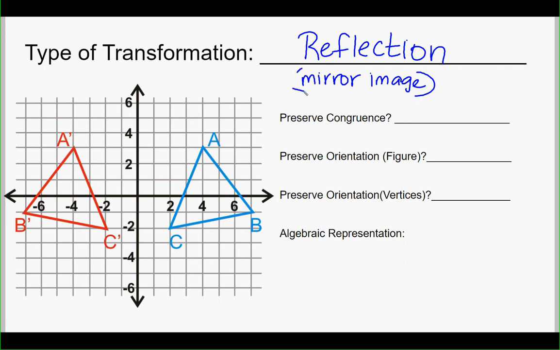Now we have reflected over the x-axis or the y-axis. The other day we also reflected over a dotted line, and I know in math lab y'all reflected over other lines. You can reflect over really anything. Now, did these preserve congruence? Are these shapes still congruent? Yes. Same size, same shape.